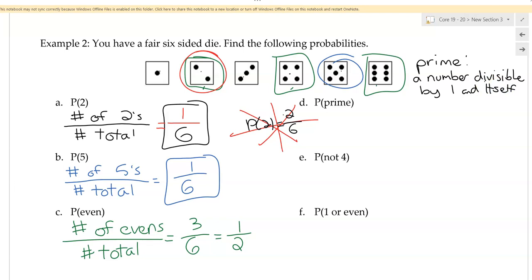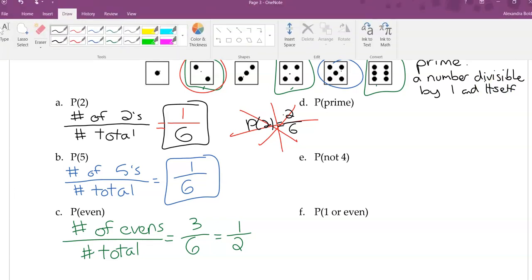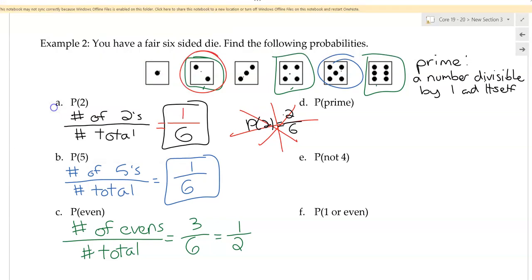Okay, so for example, my prime numbers here, right, when I'm doing this, I'm going to do the number of primes over the number total.